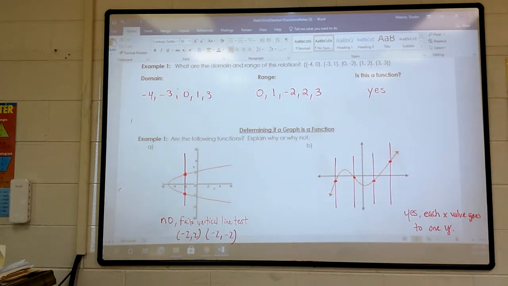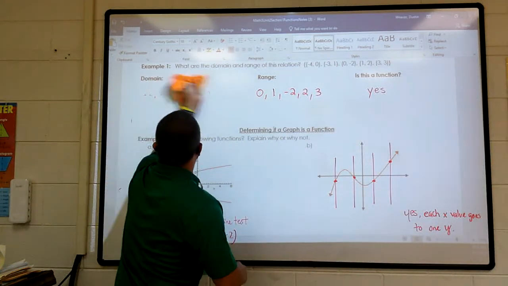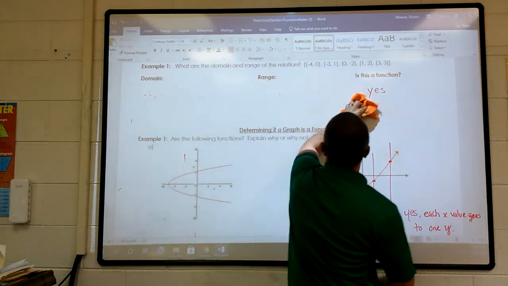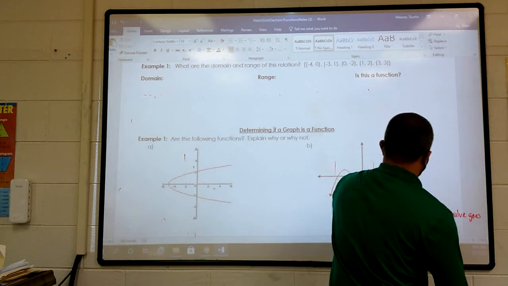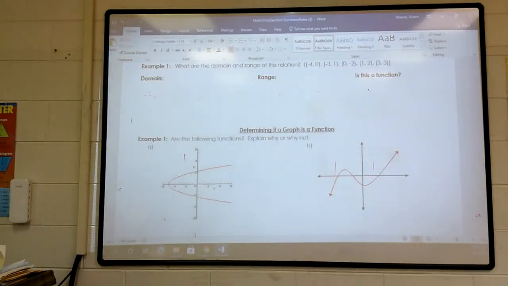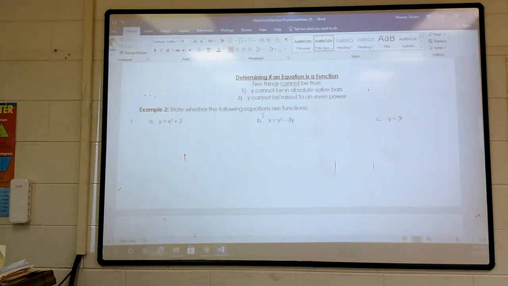Okay, so we're going to move down. So now, as you move to the bottom of the first page, it just says, determining if an equation is a function.